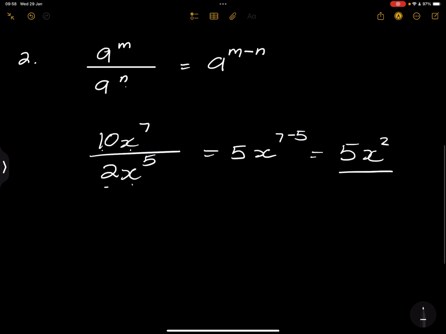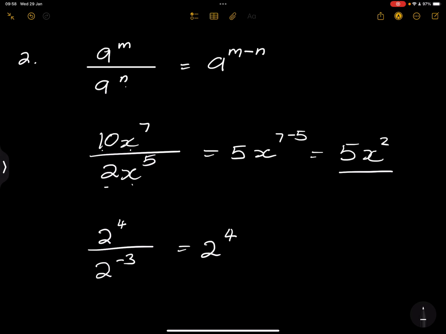Now, I think it's important for me to just make an example. So if I were to take, let's say, I've got 2 to the power of 4, right? And I'm dividing it by 2 to the negative 3. Note in this case, the exponent at the denominator, right, is negative. So this becomes, we keep the base. So that's 2.